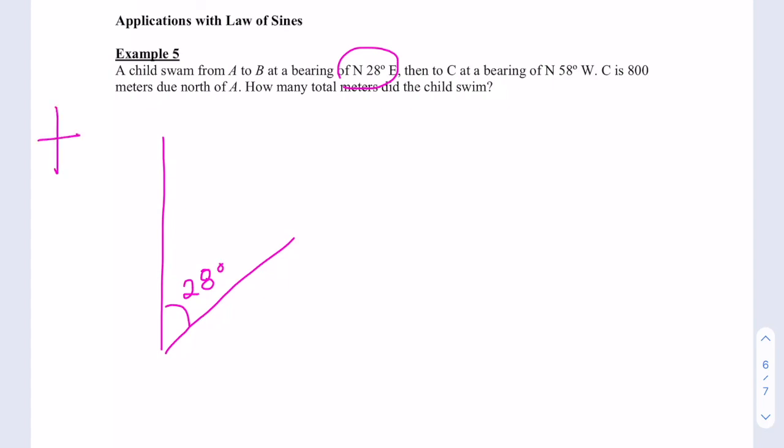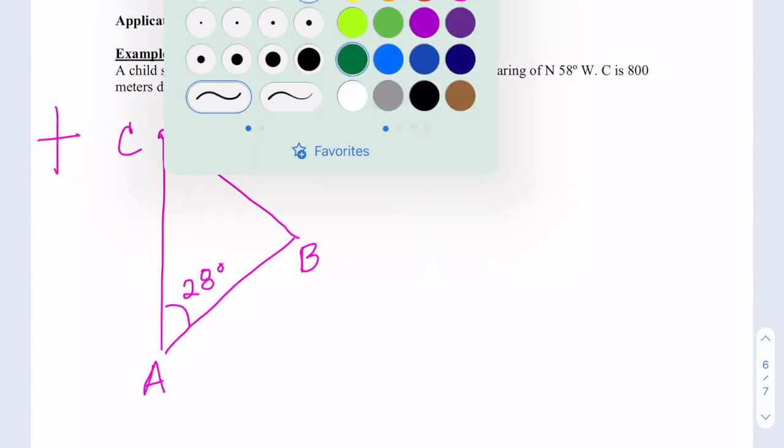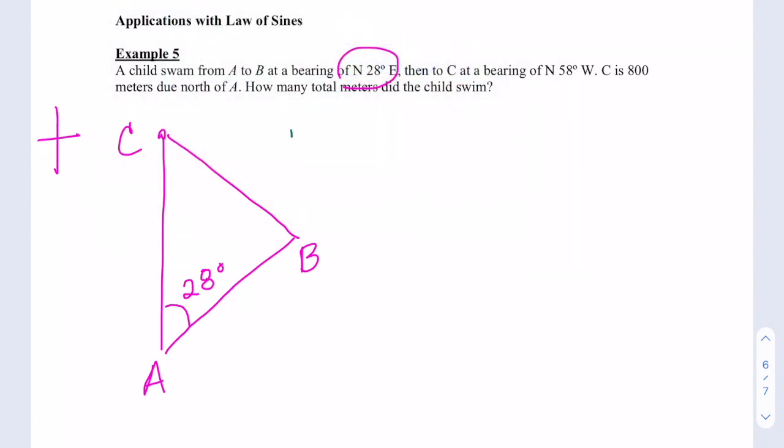So that's north 28 degrees. And this is, I'm going to label this point A. And they swim to point B. Maybe there's a buoy out there. And then they have to change their bearing to go to point C. And so this angle, I'm going to label this here, is north 58 degrees west. So that angle is 58.